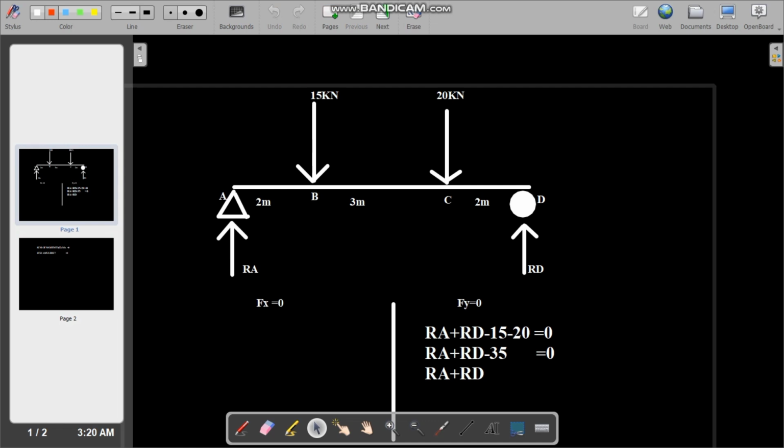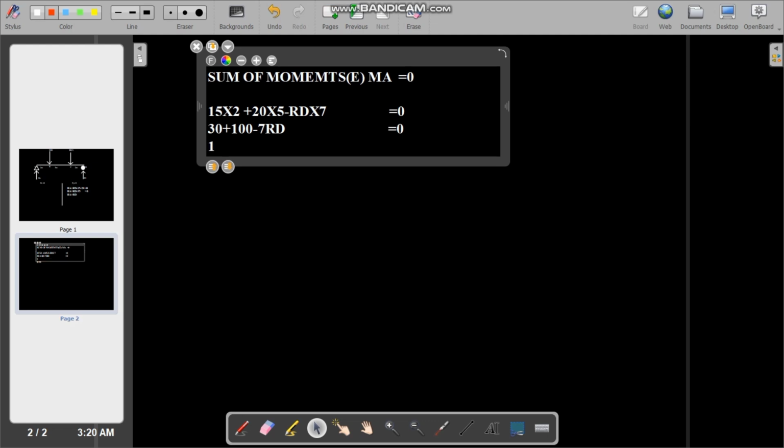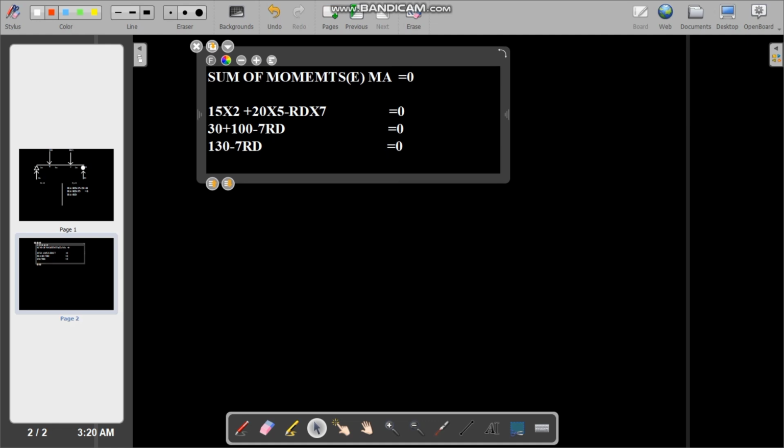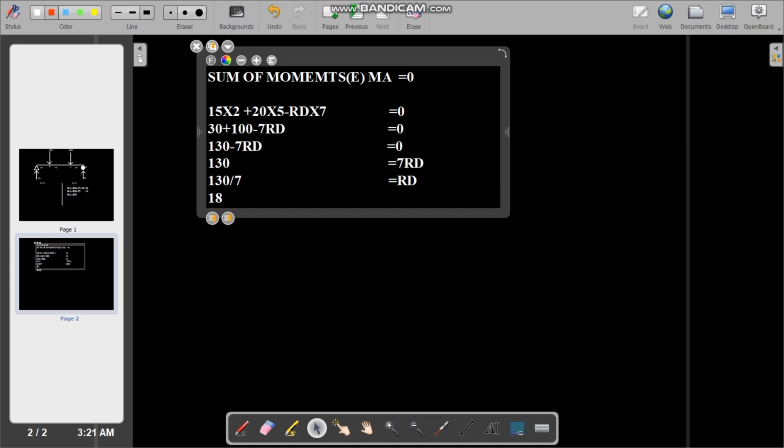Here you can see how we write it down. 15 multiplied by 2 and 20 multiplied by 5, the distances, because we have to count from all the point loads or the supports towards point A. Okay, and the Rd value here, and we put all the values, write it down, and we can find the actual value from here.